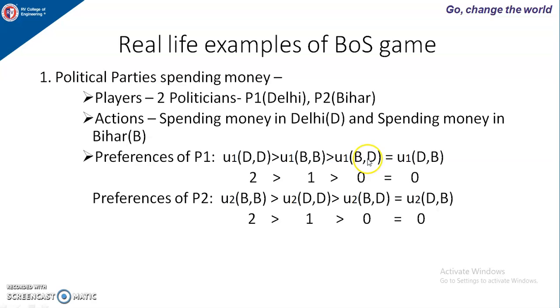And the least preferred will be when both the players select different places for spending money. The preferences of player 2 will be, because he is from Bihar, he prefers both of them spend money in Bihar over both of them spending money in Delhi, and the least preferred will be one spending money in Bihar and the other spending money in Delhi.